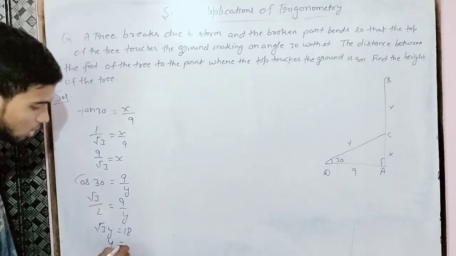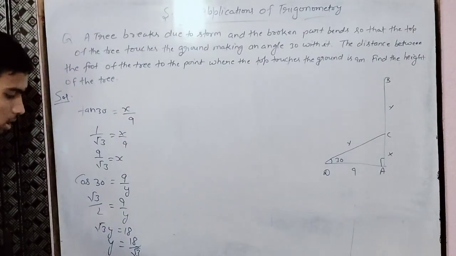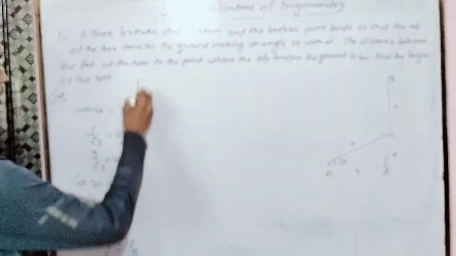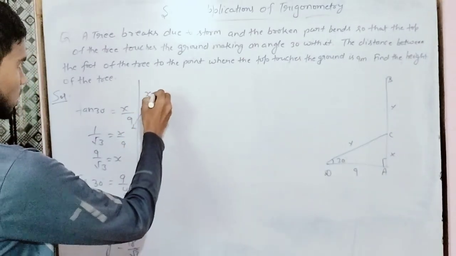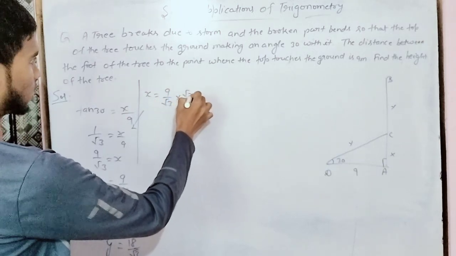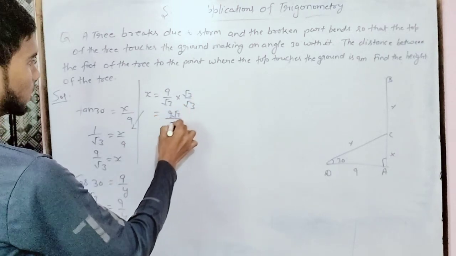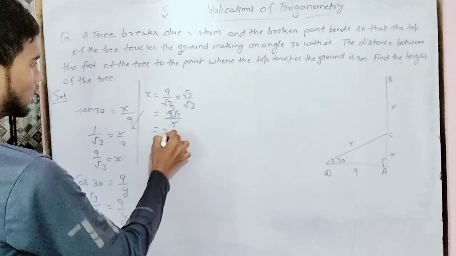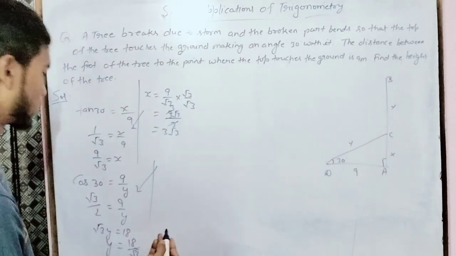Can you write y is equal to 18 upon root 3? Even you can rationalize x from this. So x is equal to 9 upon root 3 multiplied by root 3 upon root 3. 3 3 is 9, 3 root 3. From this we are doing rationalization.